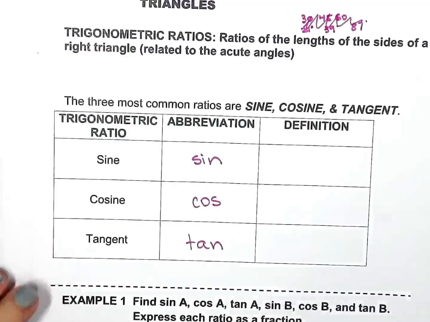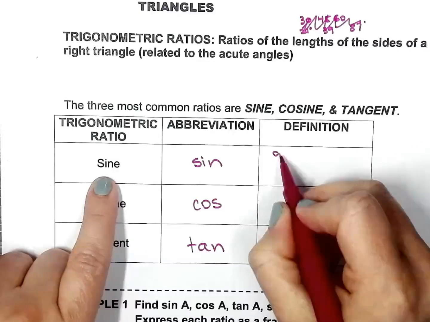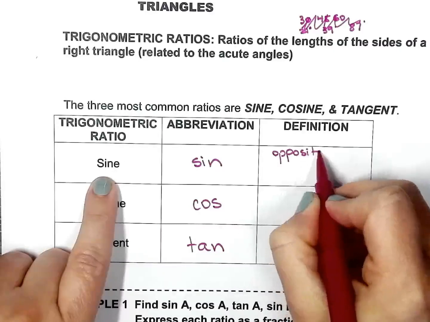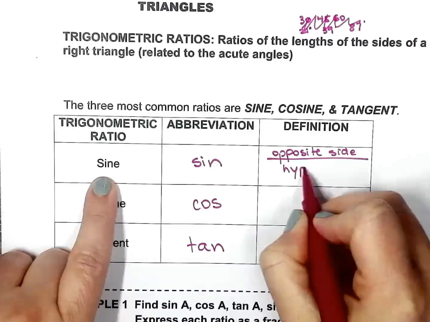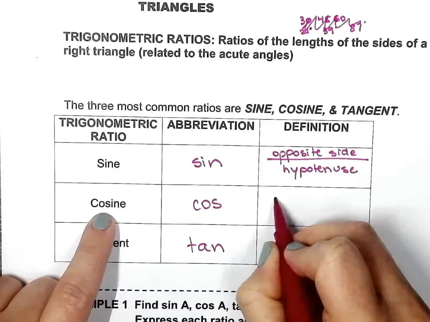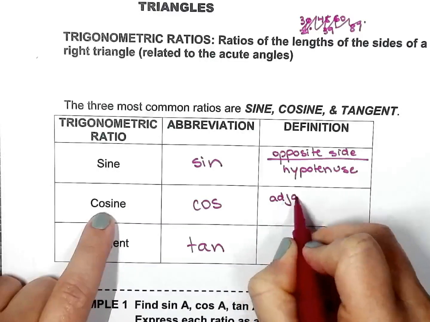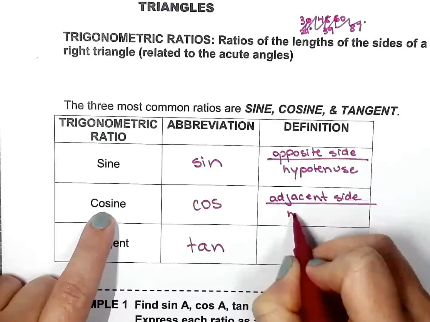Okay, so now the definition or the ratio for sine. You're going to get the opposite side over the hypotenuse. Cosine is the adjacent divided by the hypotenuse.